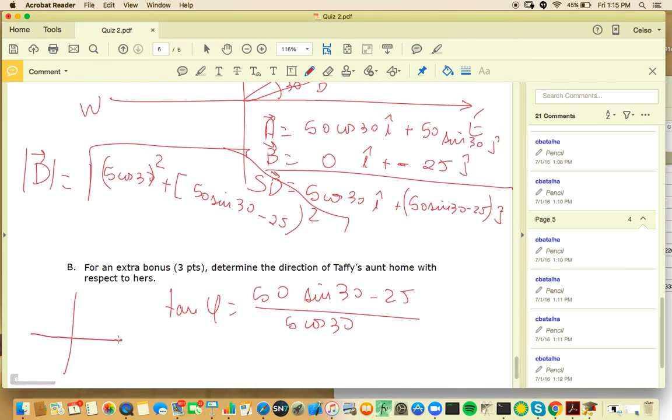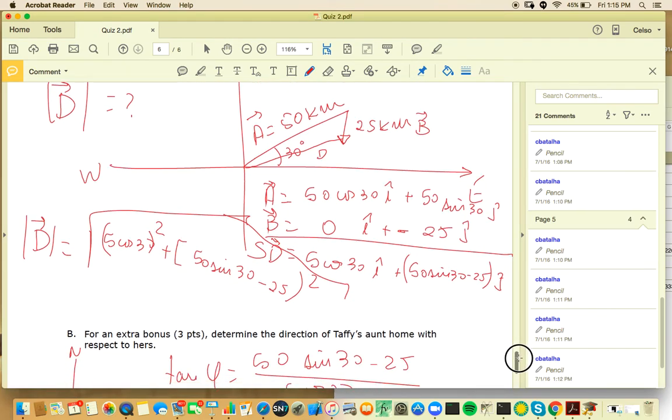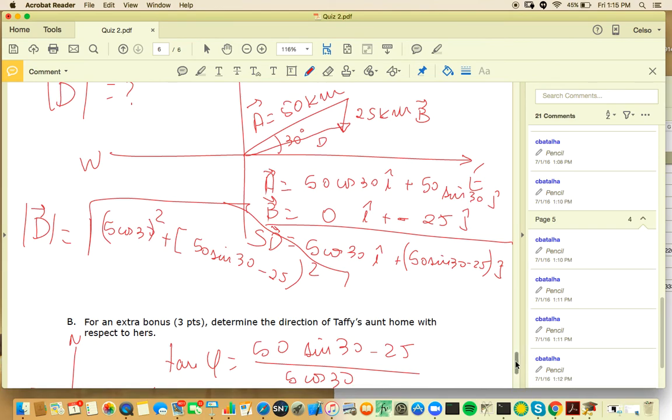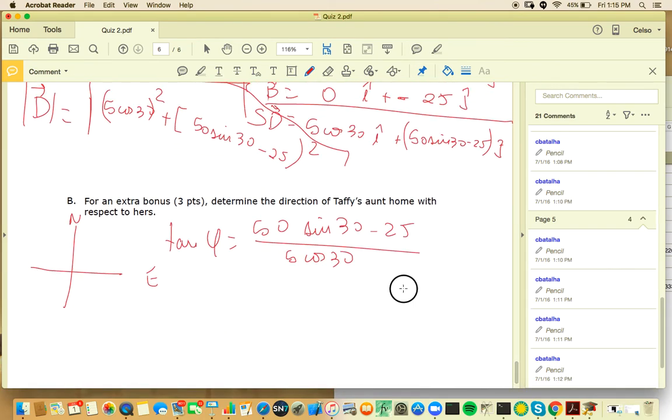If you want to be specific, based on the fact that you might have done a sketch like that, this angle is pretty much north of east, or something like that.